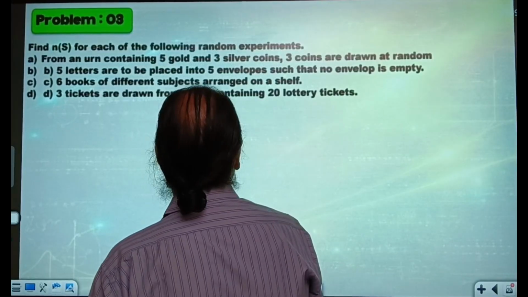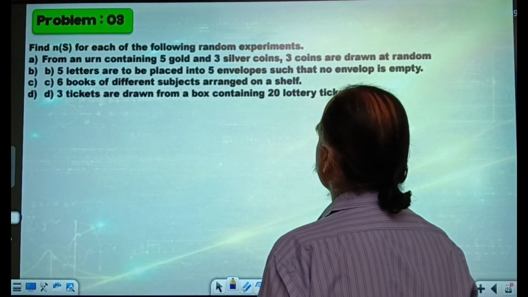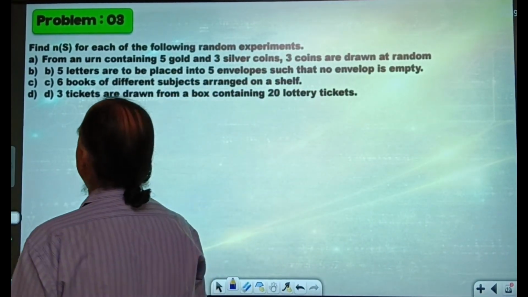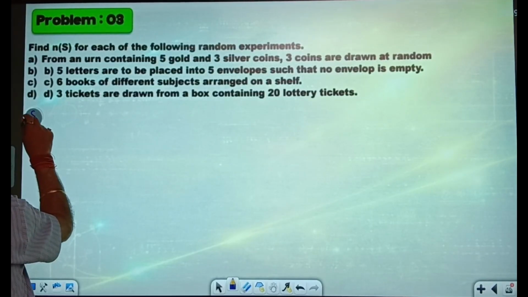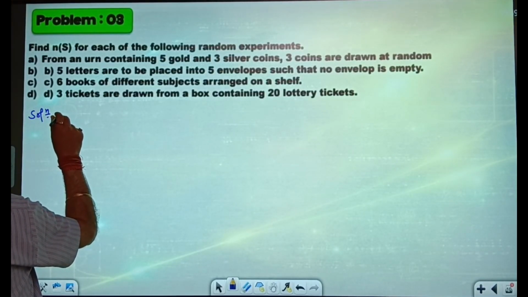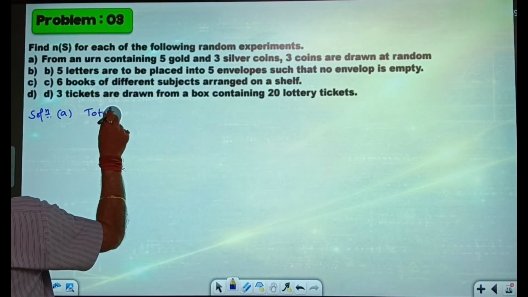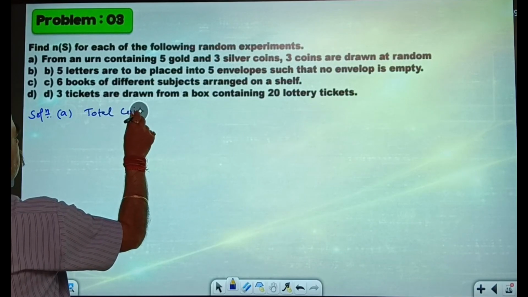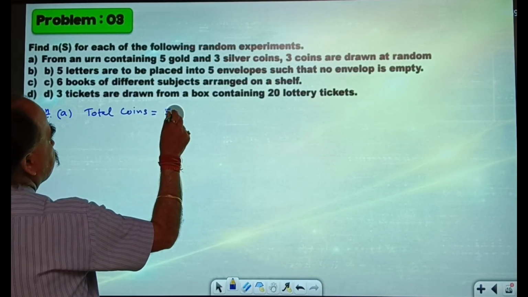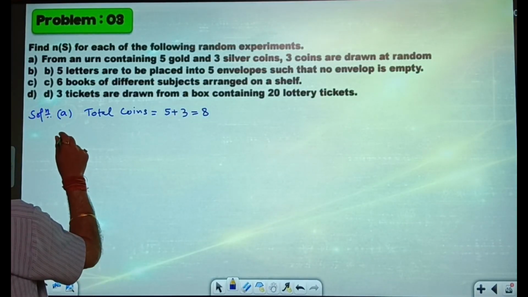Find n(S) for each of the following random experiments. From an urn containing 5 gold and 3 silver coins, 3 coins are drawn. Total coins: 5 gold plus 3 silver is 8, and we are drawing 3 coins.